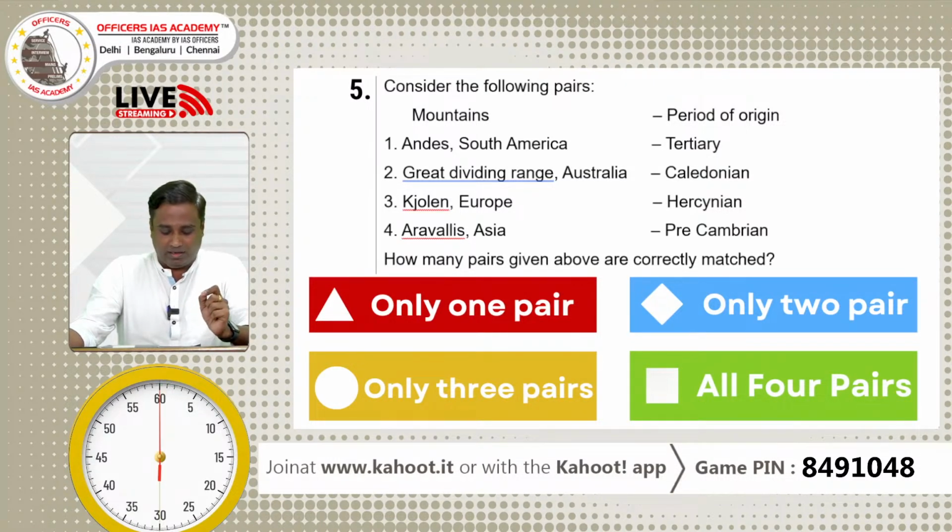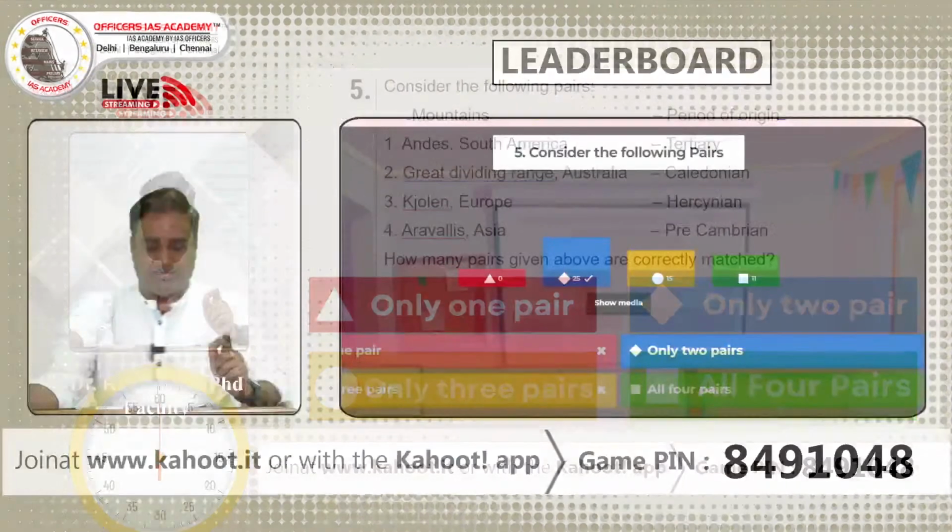In the middle, Great Dividing Range and Jura Mountains are Mesozoic in character, but they are swapped. Jura Mountains in Europe were formed during the Caledonian, and Great Dividing Range in Australia during the Hercynian period. So 1 and 4 are the right matches, only 2 pairs match. The answer is B. 25 persons gave the right answer.